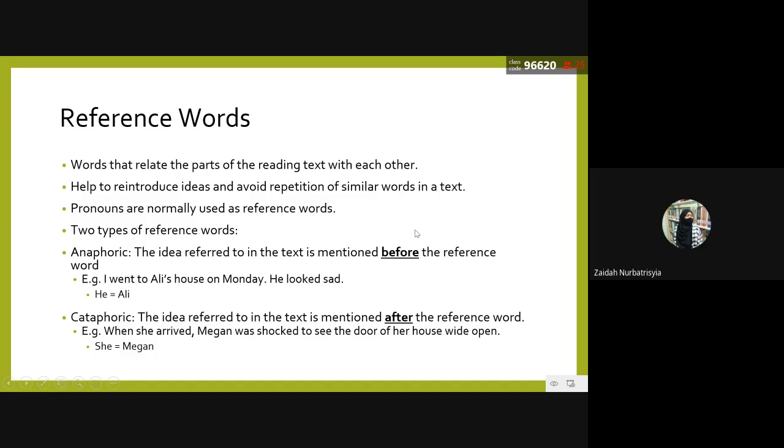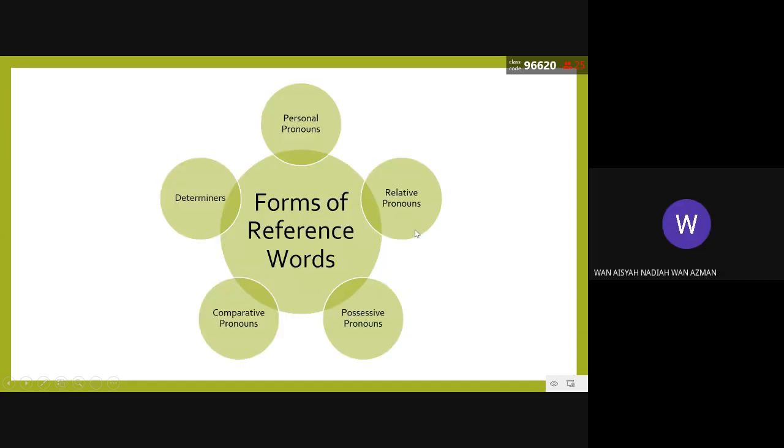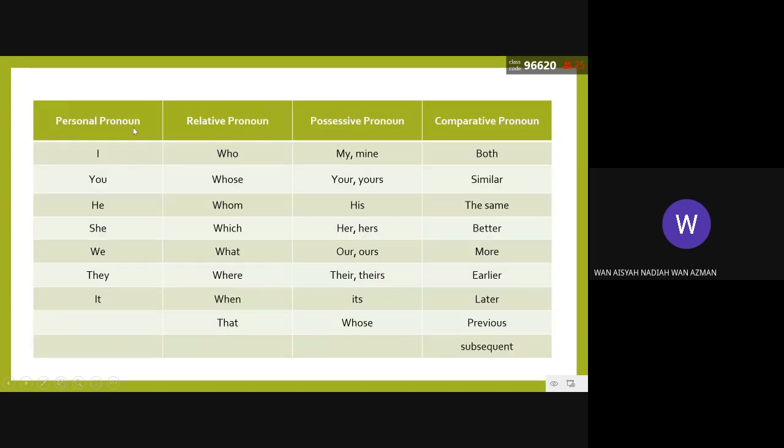Right, moving on. There are five forms of reference words. The first form is personal pronoun, relative pronoun, possessive pronouns, comparative pronouns, and determiners. For the personal pronoun, something that is common, we have I, you, he, she, we, they, it.